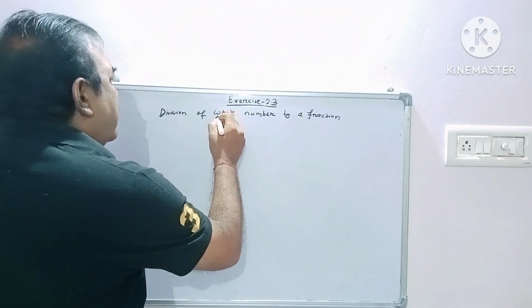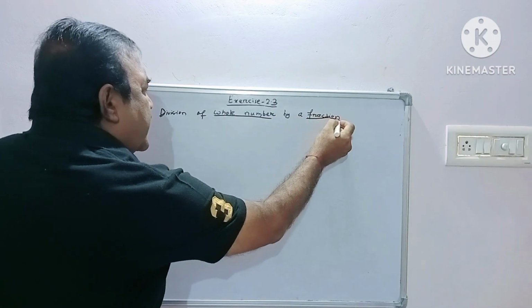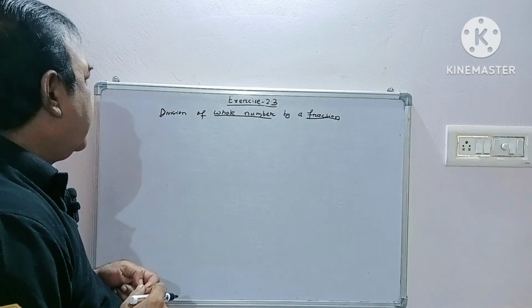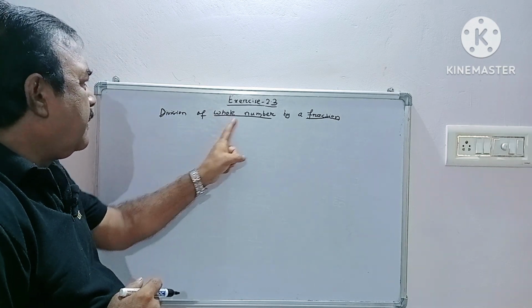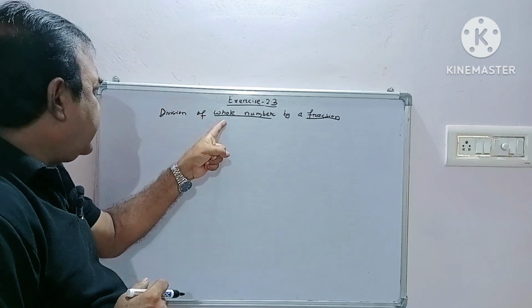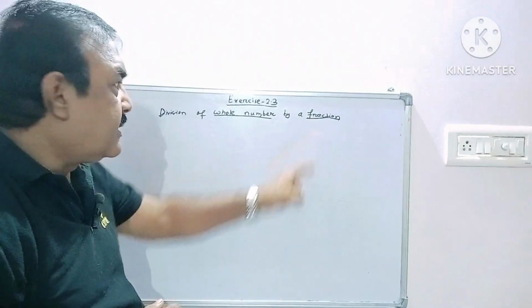You know what is whole number and you also know what is fraction. And we have to divide a whole number by a fraction. So the dividend is the whole number and the divisor is the fraction.